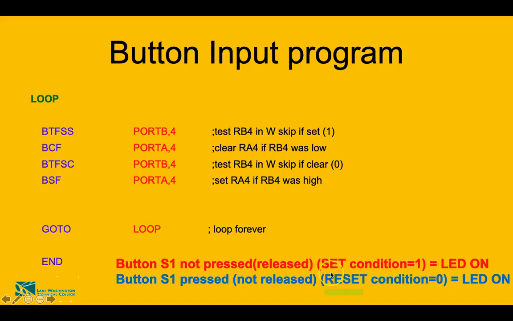When the button is not pressed, it is released, already a set condition, which means in that case your LED should be turned on. And then the second case is when button S1 is pressed, not released, which is a reset condition, which means it equals 0, then your LED should be off. It should not be on, it should be off.